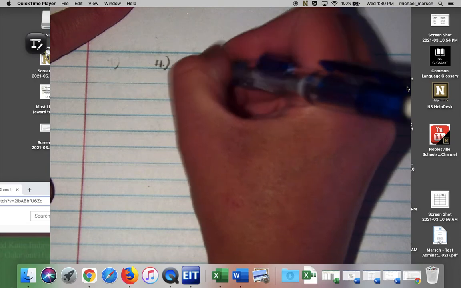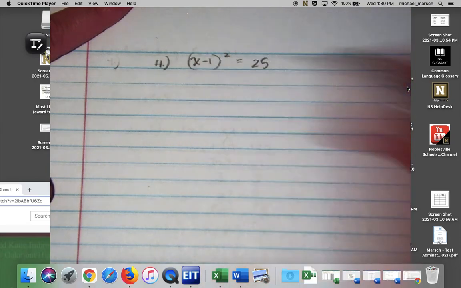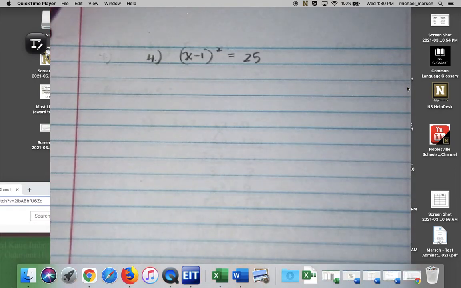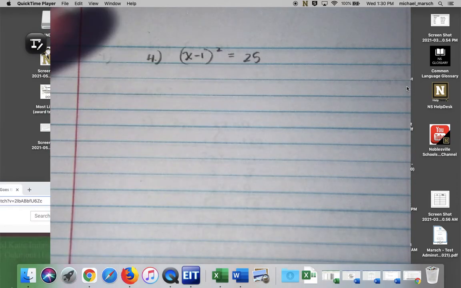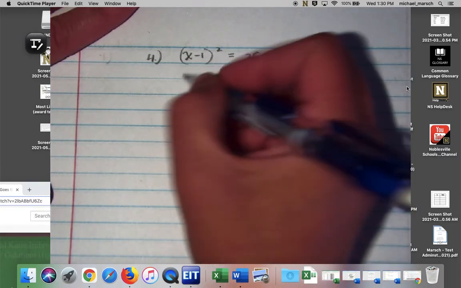Example 4, we have x minus 1 squared equals 25. All right, so I'm going to do the same thing I just was doing, except it's just going to seem like it looks a little weird.